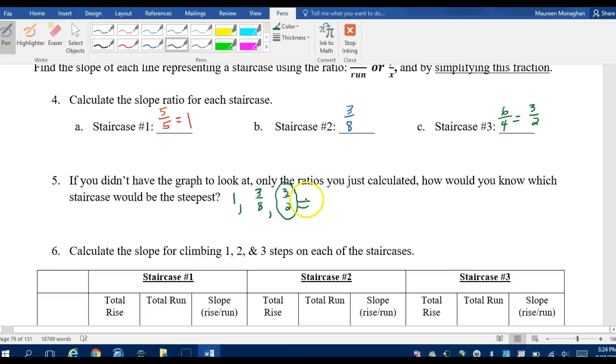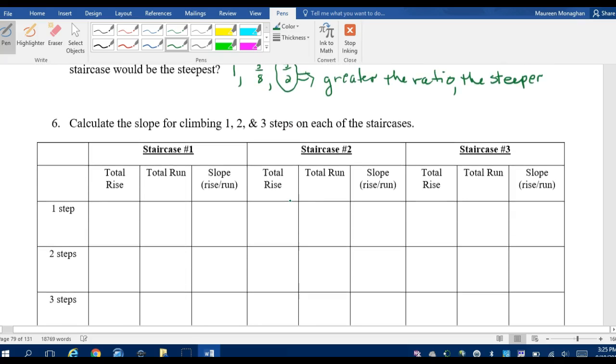So obviously, the greater the ratio, the steeper. Or the greater the fraction, or the number. Look at that, it was the biggest number of all 3 of these. So that would be the steepest. So the greater the ratio, the steeper.